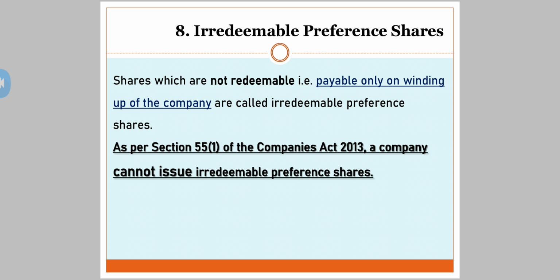The company has no right to issue irredeemable preference shares. That means if the company issues preference shares, it has to pay the amount after a certain period of time, or else get those shares converted into equity shares. But the company cannot keep irredeemable preference shares.